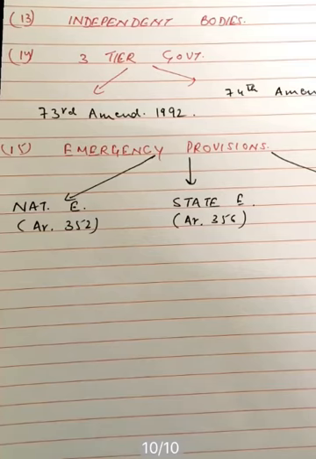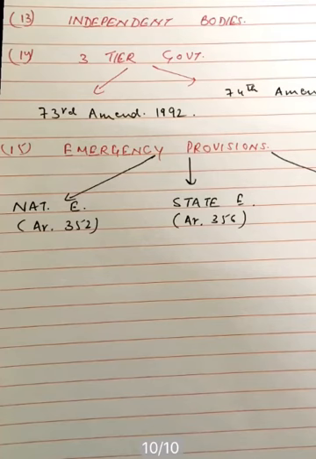And the next point is independent bodies. The Constitution does not only provide for legislative, executive, or judicial organs of the government, but also establishes certain independent bodies. These could be the Election Commission to ensure free and fair elections of the Parliament and state legislatures, or the office of the President of India and the office of the Vice President of India, and so on.